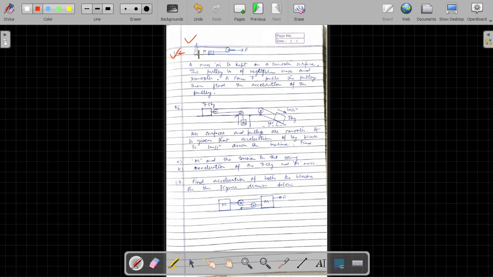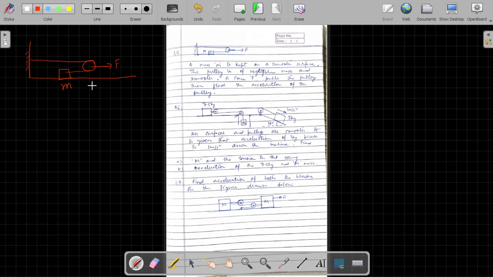So you have this figure, and there is a string which goes over the pulley. There is a block of mass m. It is kept on a smooth surface. There is a force F acting at the center of the pulley.